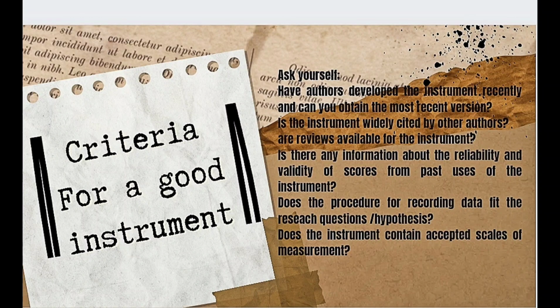So look for the published reviews about the instrument, such as in journals, like Measurement and Evaluation in Counseling and Development, for instance. When we see reviews, it indicates that other researchers have taken the instrument seriously and sought to document its worth.